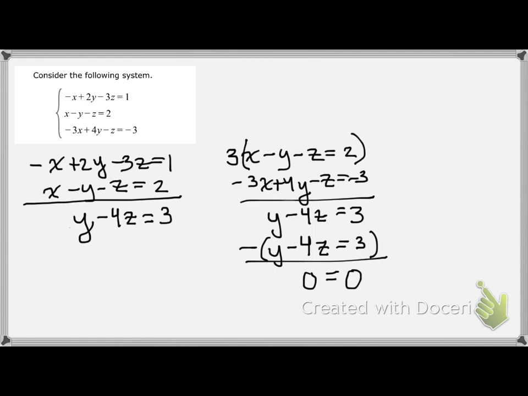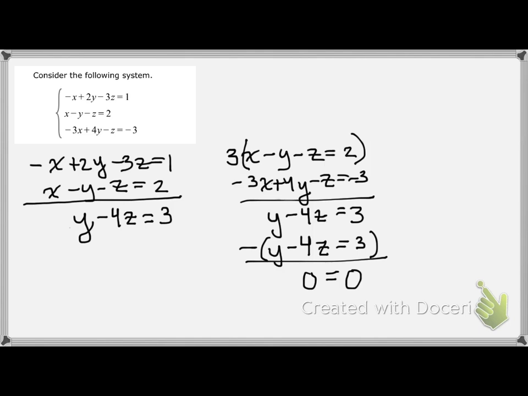And as I said near the beginning, it means that the 3 planes that are represented by these equations intersect on a single line. So what do I do with that? I have to choose a variable to solve for.